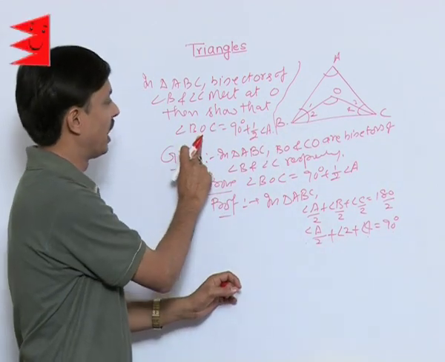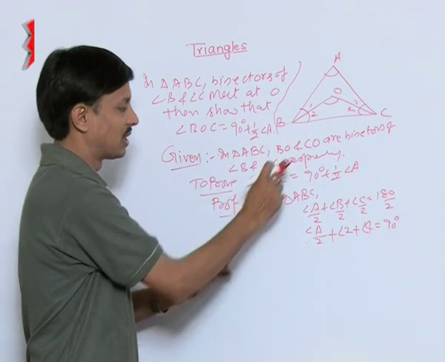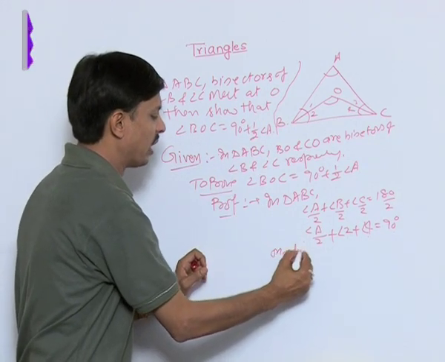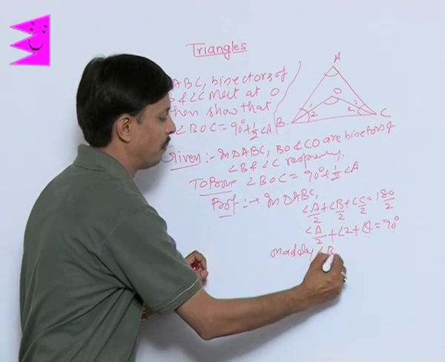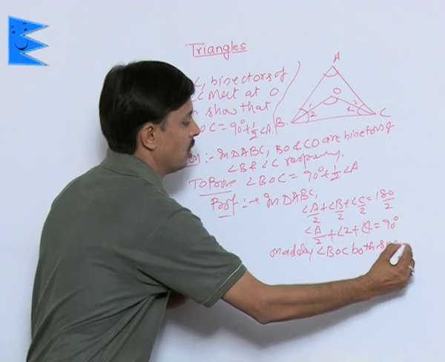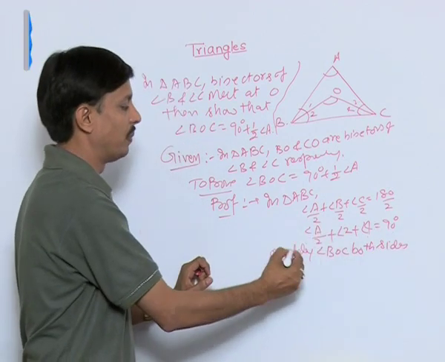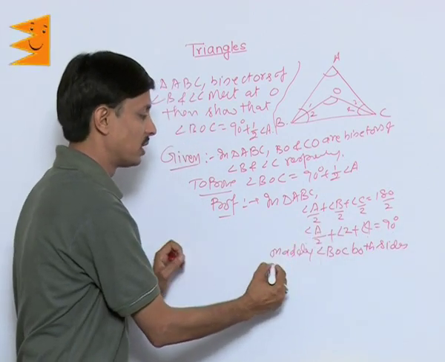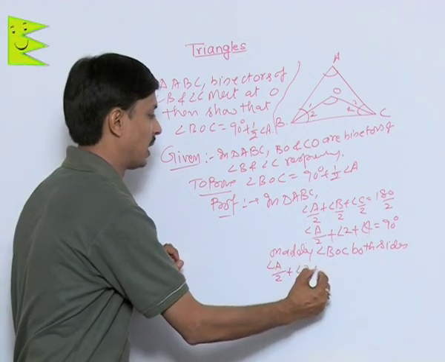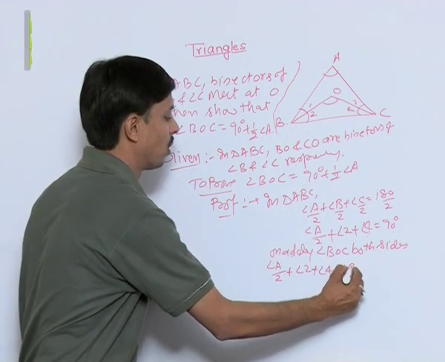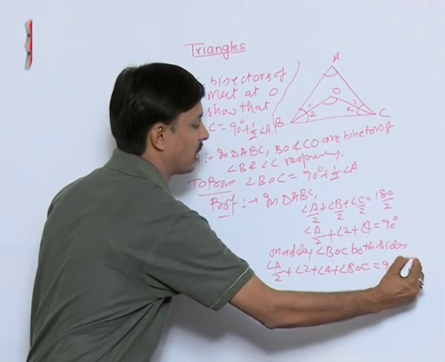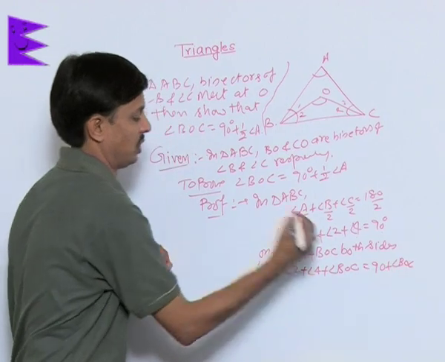We want to prove that angle BOC is equal to 90 plus half of A. So I am writing here, on adding angle BOC both sides. If I ask you to add angle BOC, the equation will convert to angle A by 2 plus angle 2 plus angle 4 plus angle BOC is equal to 90 plus angle BOC.